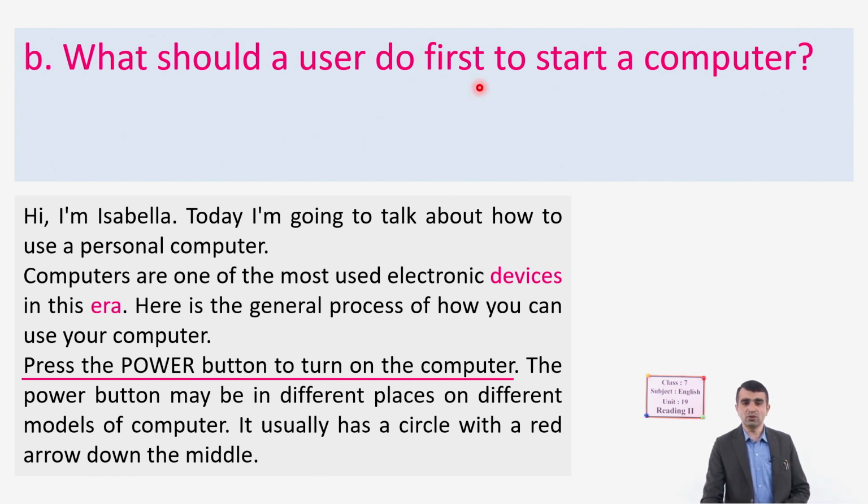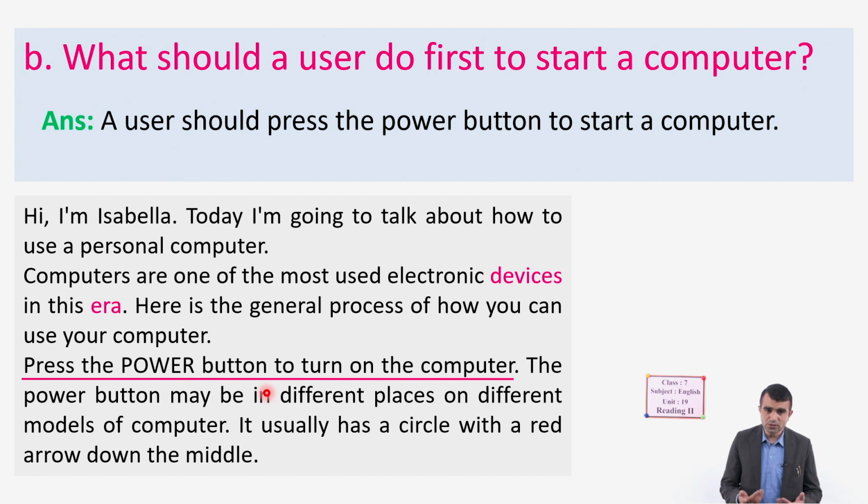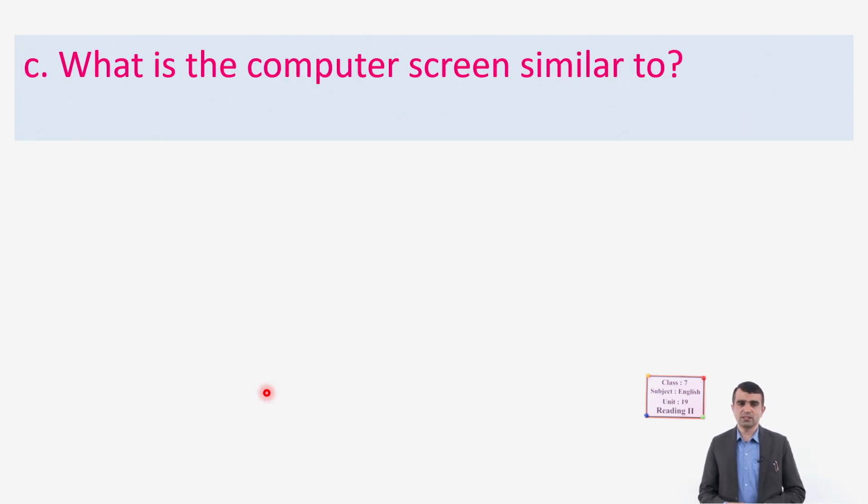So turn on means to start, isn't it? So what should a user do first to start a computer? Press the power button. So, a user should press the power button to start a computer. Or simply you can write, press the power button.